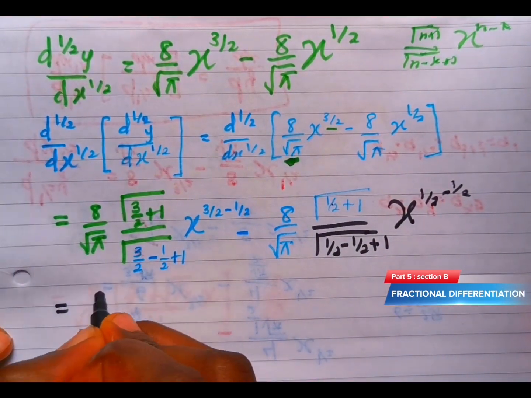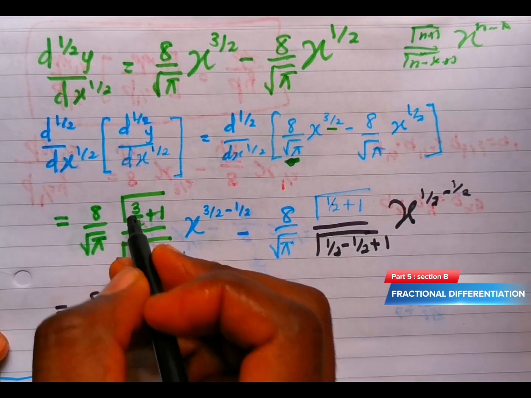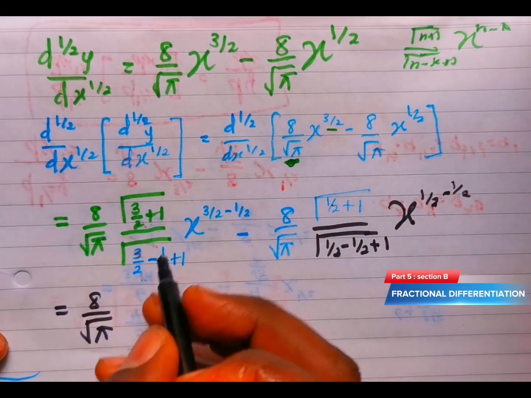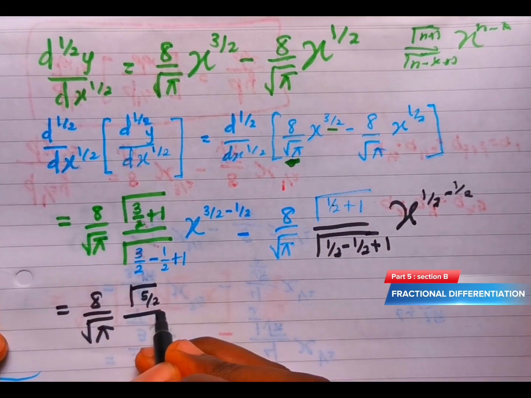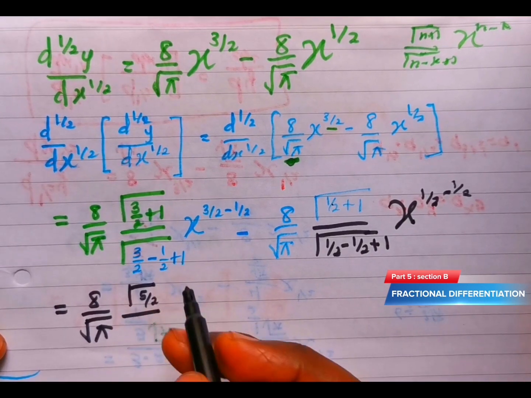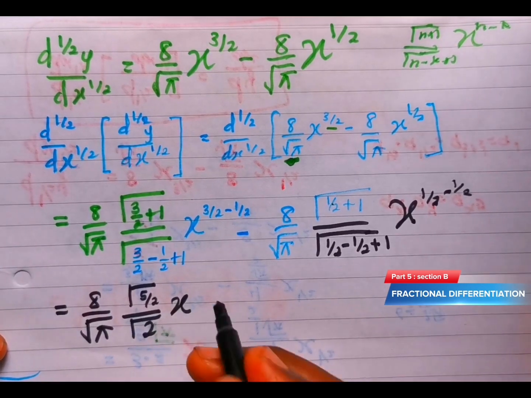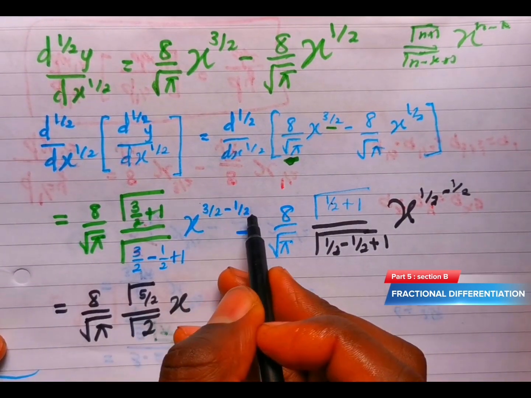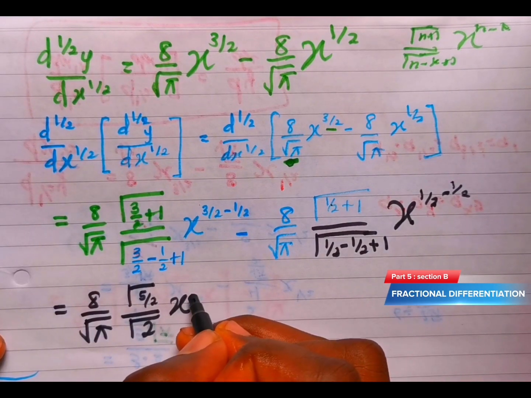So I have 8 over the square root of pi. The gamma of 3 over 2 plus 1 is the same as the gamma of 5 over 2, over the gamma of 3 over 2 minus 1 over 2 plus 1, which is 1 plus 1 is 2, so the gamma of 2. I have x to the power of 3 over 2 minus 1 over 2, which is x to the power of 1.